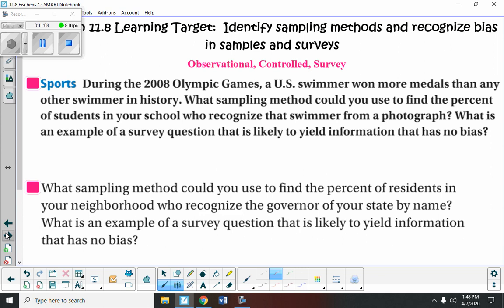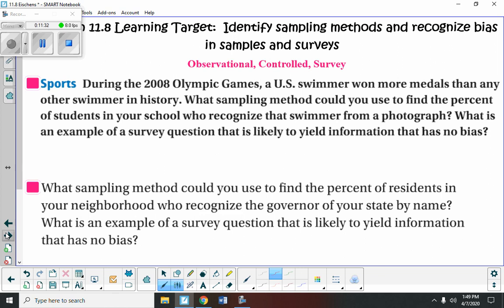Next one says, what sampling method could you use to find the percent of residents in your neighborhood who recognize the governor of your state by name? What is an example of a survey question that is likely to yield information that has no bias? So if you wanted to do a random sampling, you could go to every house in your neighborhood, or every other house, or the houses that have even house numbers, that type of thing.